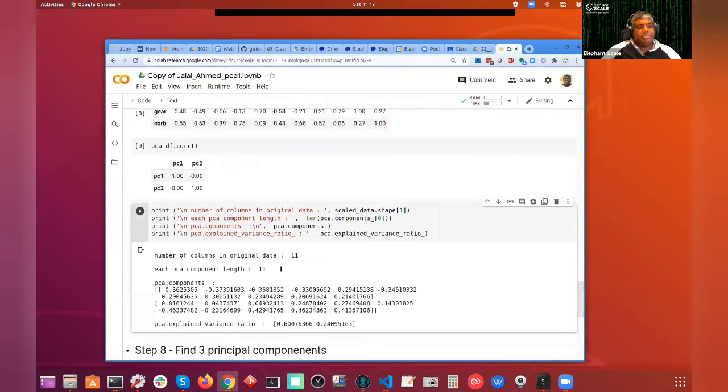When you have PCA, you can print out some of the metrics. For example, remember we went from 11 original columns and reduced them to 2 with PCA. You can see here that each PCA component is composed of 11 elements.